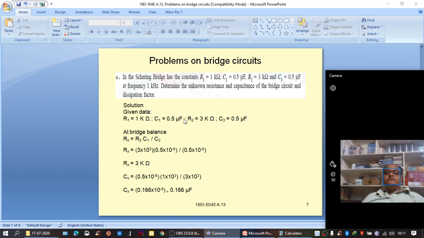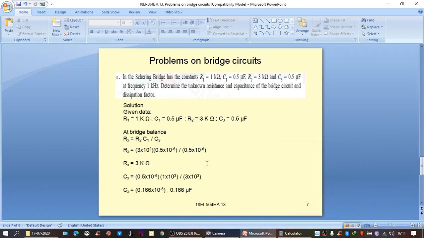C1 is 0.5 microfarads, that is 0.5 into 10 power minus 6, divided by C3, which is 0.5 microfarads, so 0.5 into 10 power minus 6. So the unknown resistance Rx is equal to 3 kilo ohms.